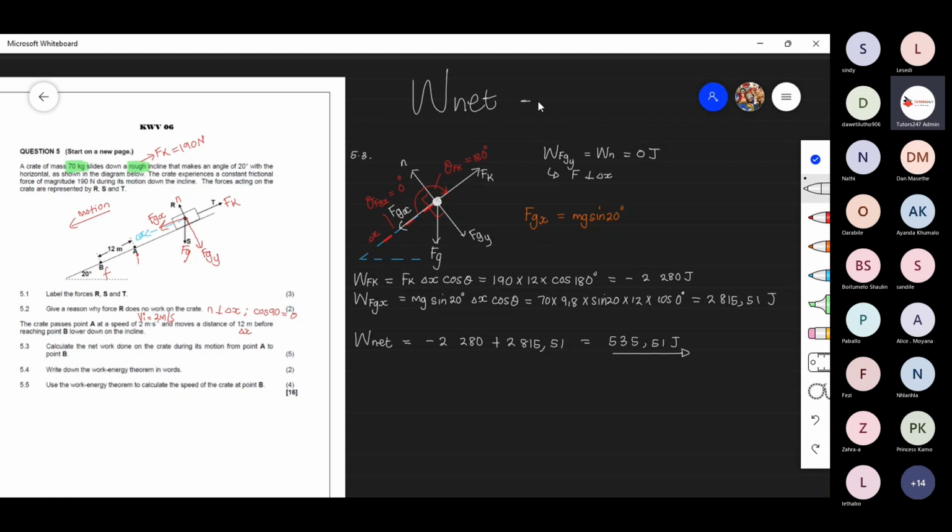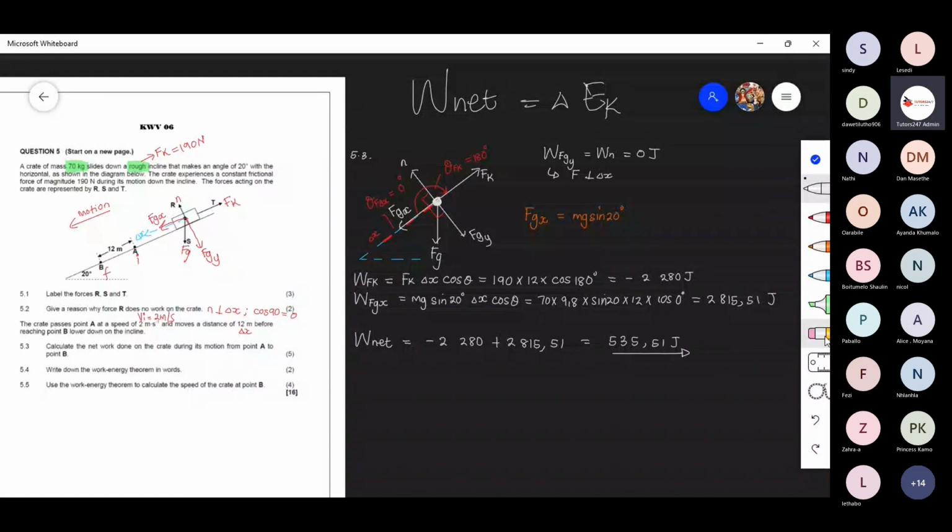If you read that formula, work net equals change in kinetic energy. Let's rephrase it slightly: the net work of an object is equal to the change in kinetic energy of that object. So all we needed to do was read the formula and add object.